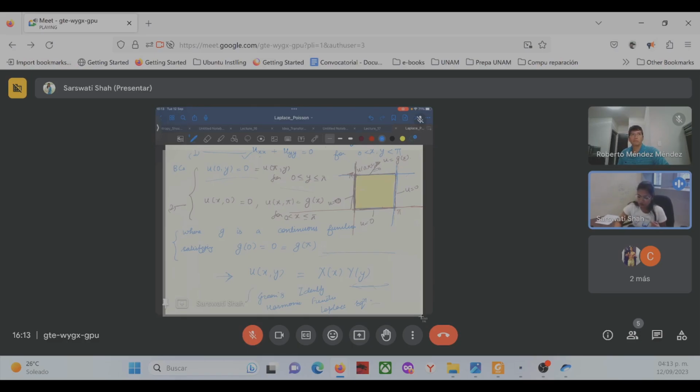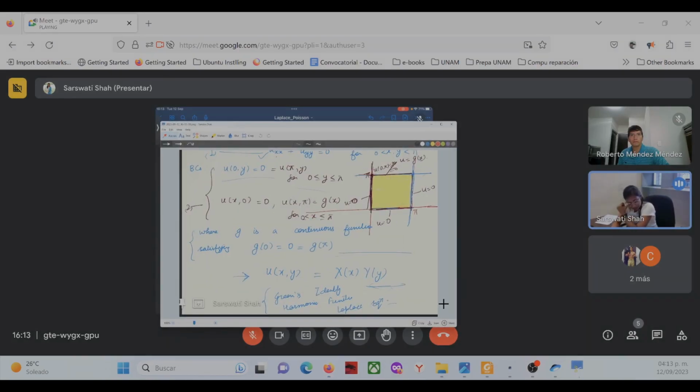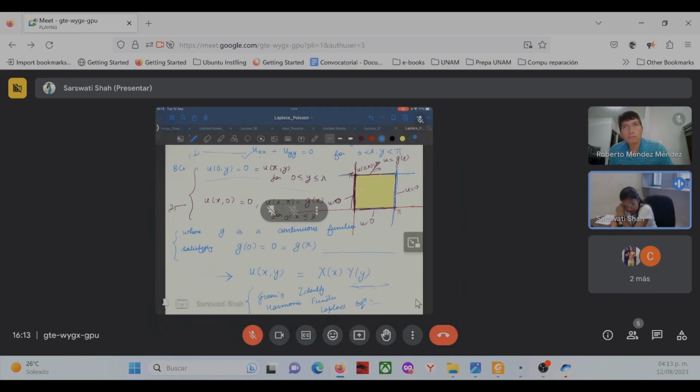Tomorrow we will start with the solution of the Laplace problem, then we will see the properties of harmonic functions, and if time allows, we will also go through the Green's function.